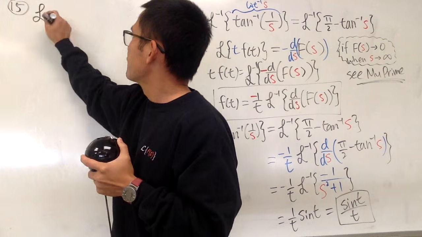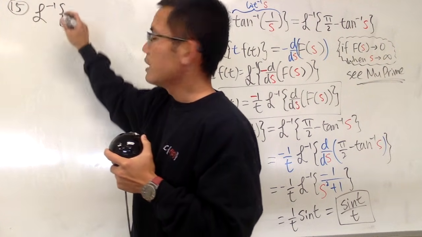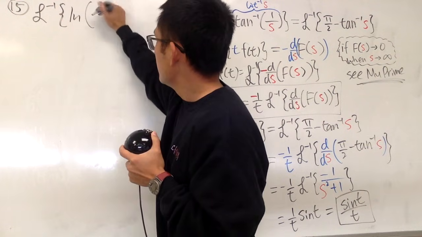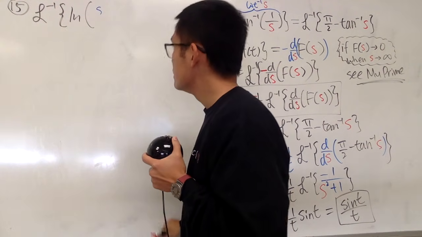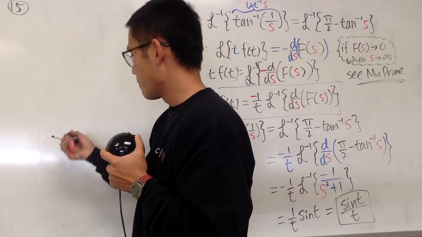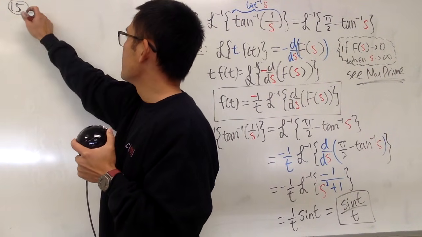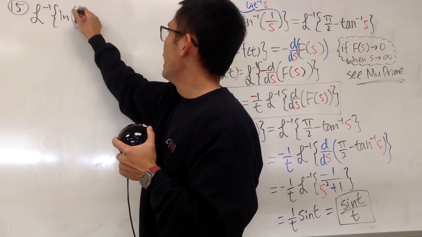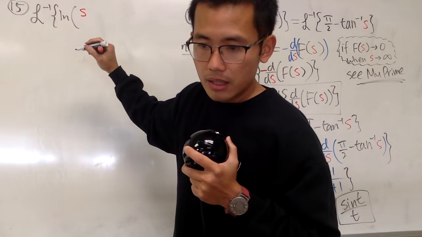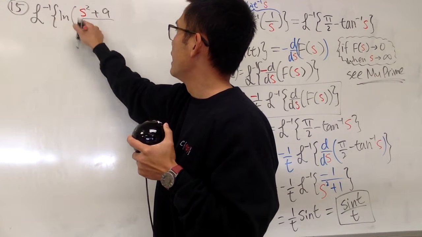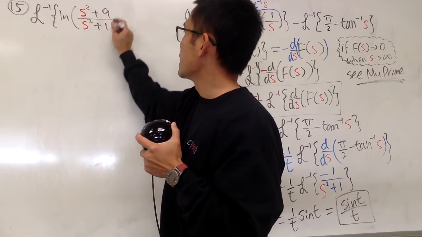So, inverse Laplace. Let me write it down better. Number 15: inverse Laplace of ln of s squared plus 9 over s squared plus 1.